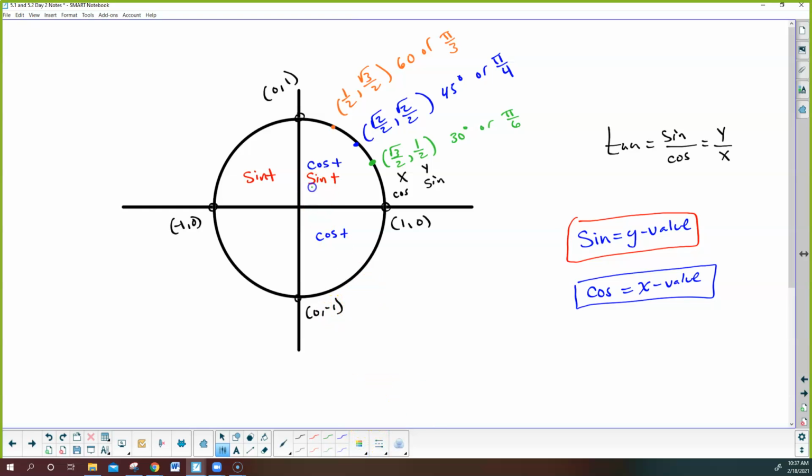Well, everything is positive in quadrant 1, but tangent is positive when sine and cosine are both the same sign. And since sine is negative here and cosine is negative here, that means tangent is positive. So I don't know if this helps with knowing where your answers are going to be, but that's kind of how I think of it, and it all is based off of the x and the y values.